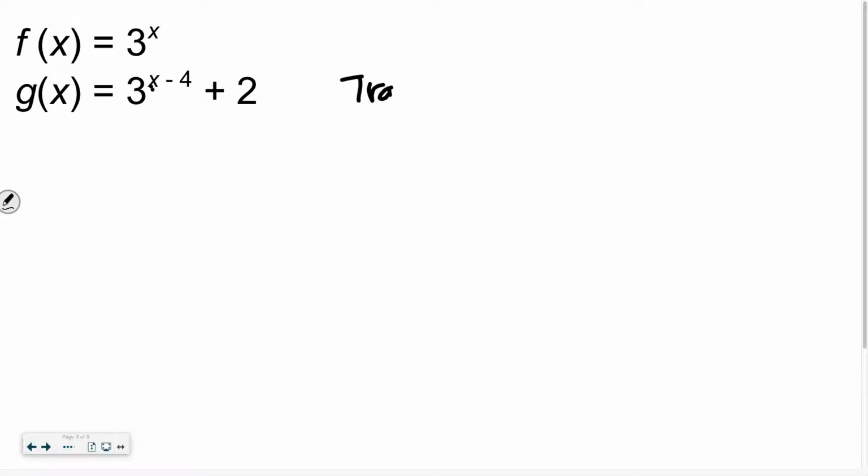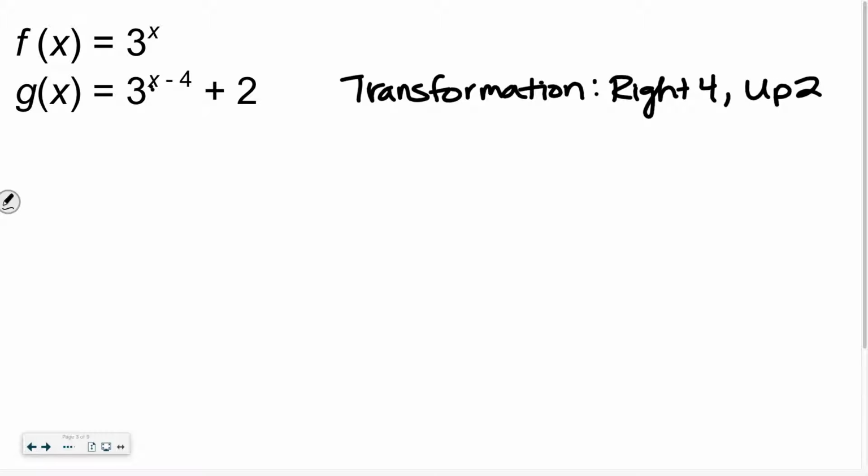So my transformation is right 4, and then this value in the back is k, which is responsible for up and down, so it's going up 2.